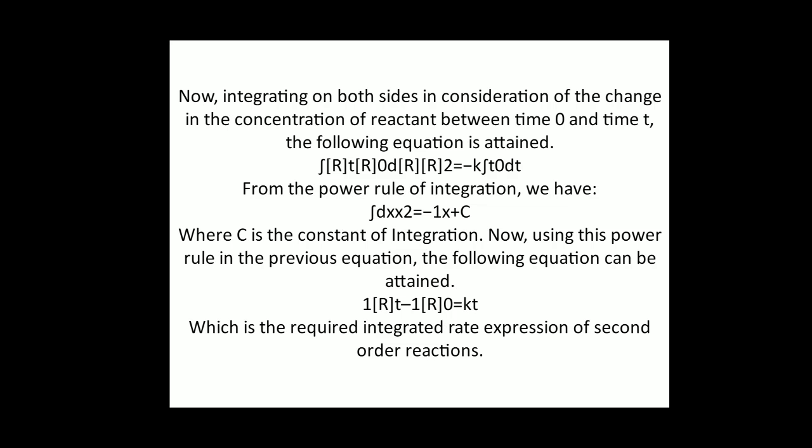Now, integrating on both sides in consideration of the change in the concentration of the reactant between time 0 and t. Just consider initially the concentration was taken at time 0 and after time t.